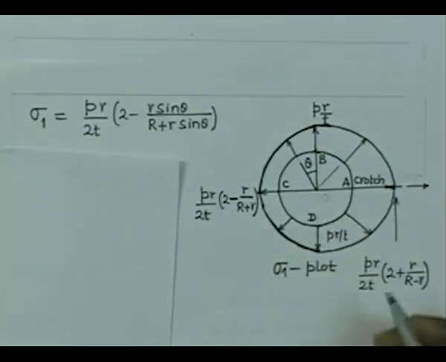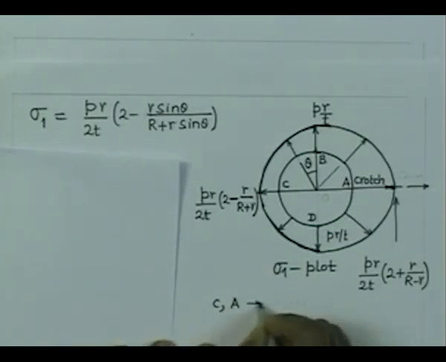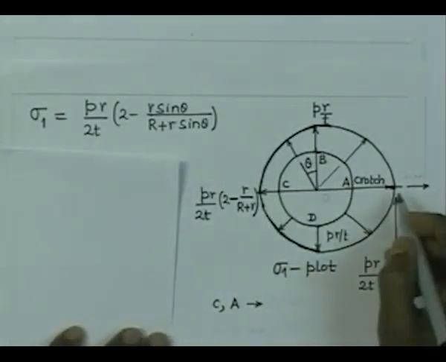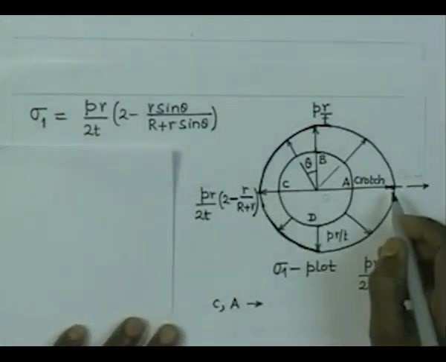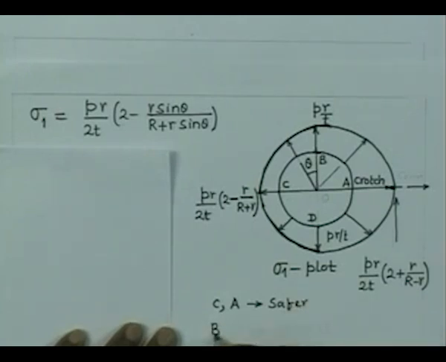So, therefore, C and A: in fact, C is the lowest stress. So, therefore, it is a safe point, and here it is the highest stress. Unfortunately, although it is highest, it is not a critical point; these are considered to be safer locations, whereas B and D are considered to be critical.